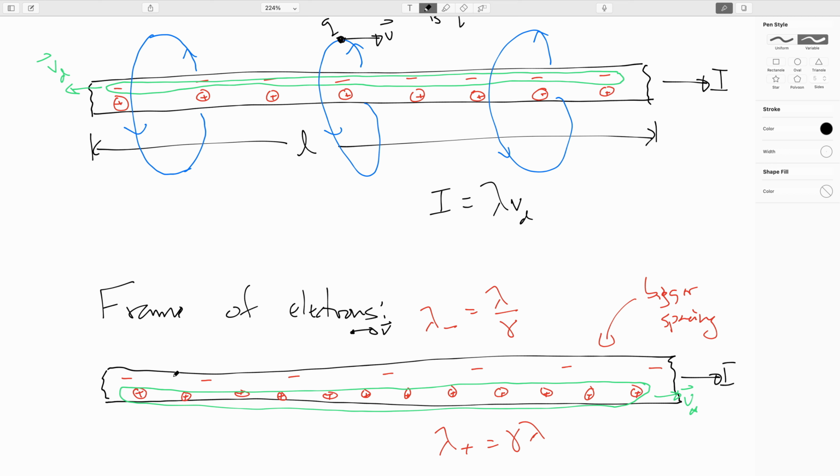You are seeing a lower density of electrons and a higher density of protons. So you are going to see a net electric field that is pointing out, and so you would feel an electric force. All right, so let's figure out what the strength of this electric field actually is.